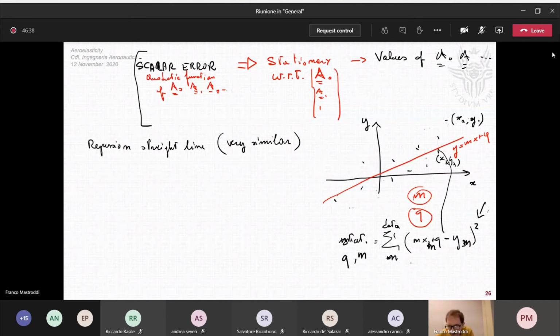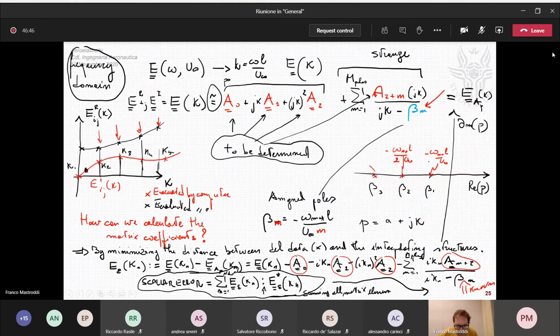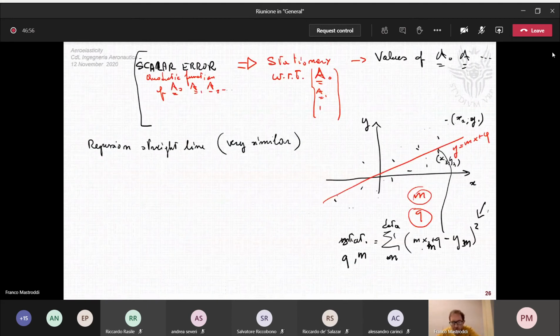And you have clearly a quadratic expression in terms of q and m, exactly like here when, after this error definition, we have a quadratic expression for the interpolating matrices A0, A1, and all the other matrices.